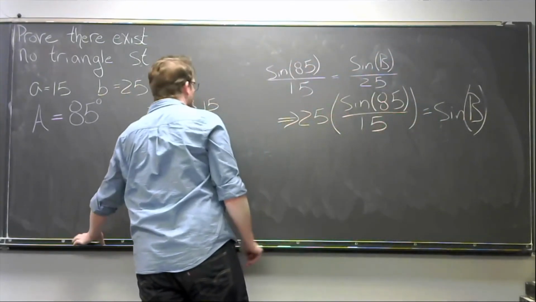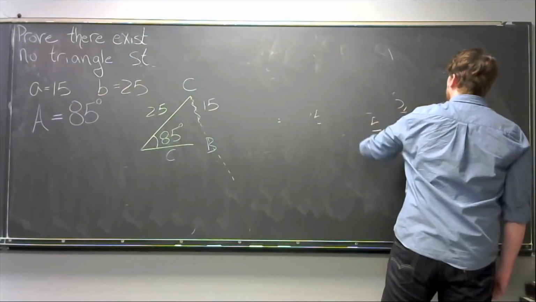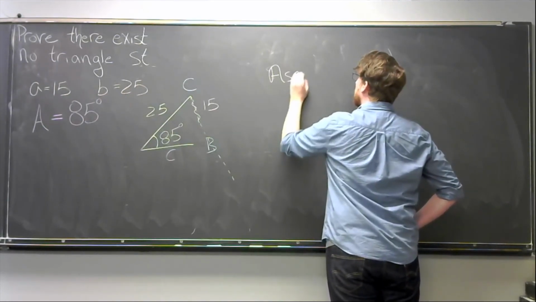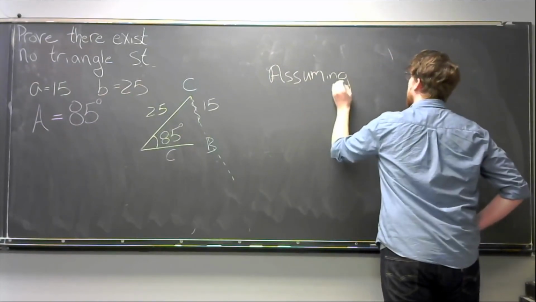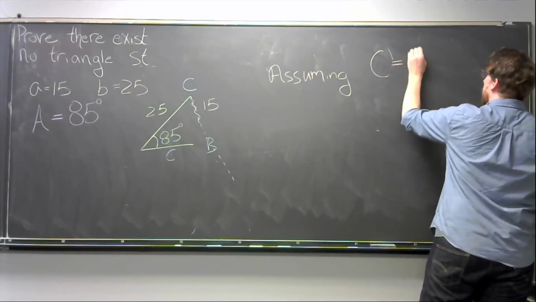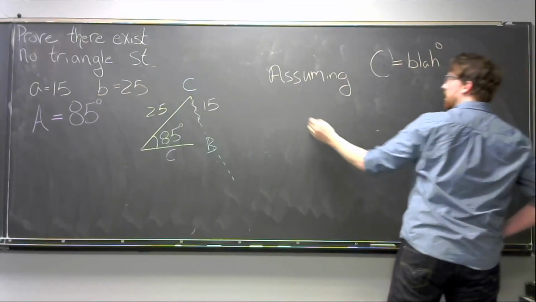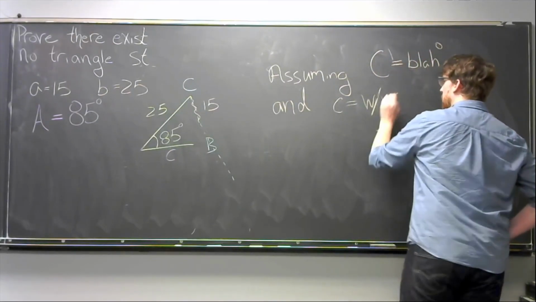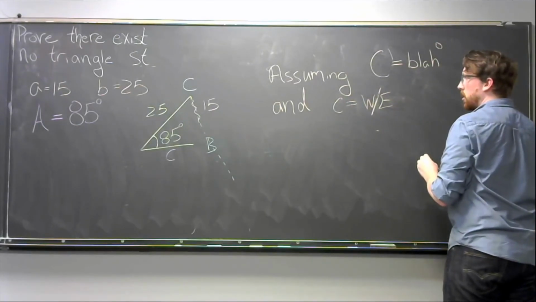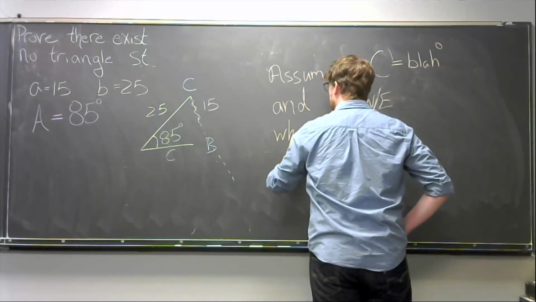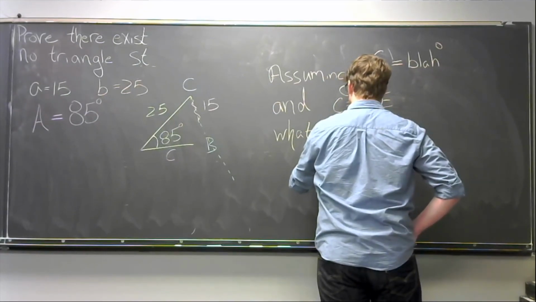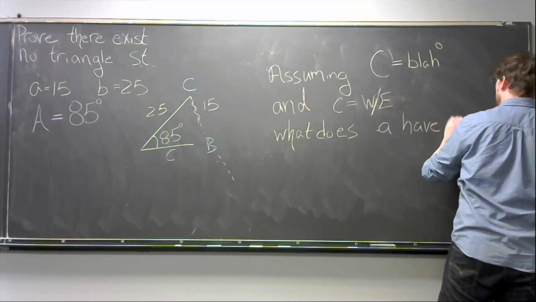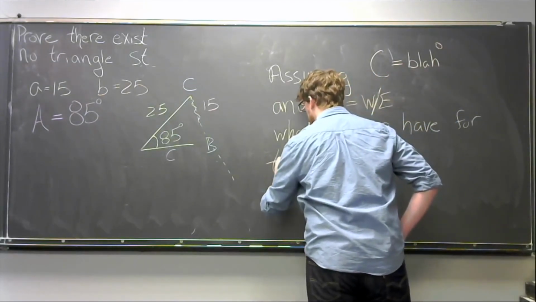You go through, you do all this, and then it says, okay, now that you've done that, assuming C is equal to blah degrees, and little c is equal to whatever, what does A have to be for this triangle to exist?